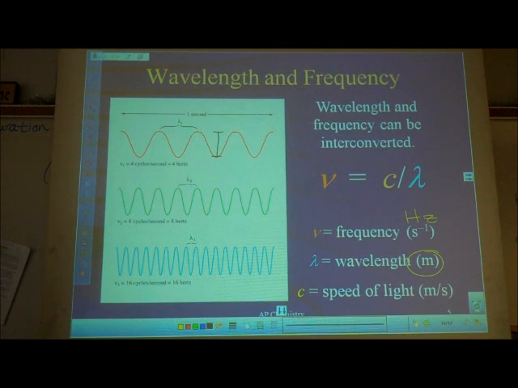Those of you that are musically inclined will probably know the answer to this. If you change the frequency of a sound wave, what are you changing about that sound? The pitch. Okay? If you play a very high note on a violin, that's a sound wave that has a very high frequency. Low notes have low frequencies.